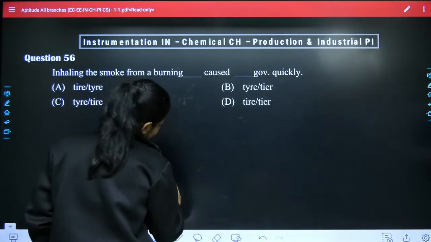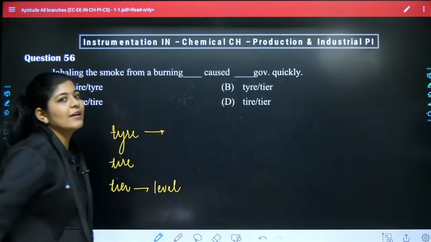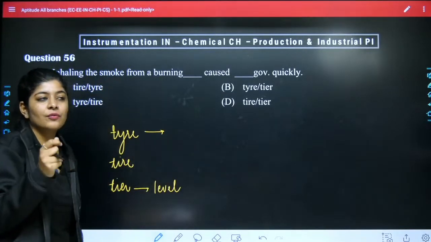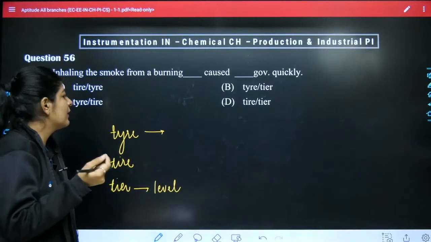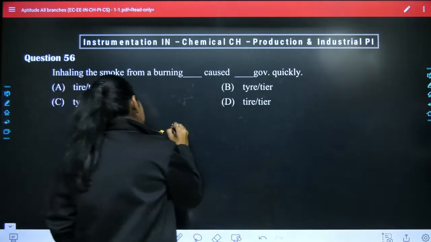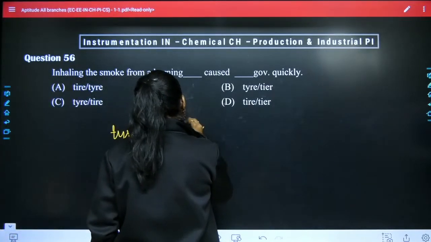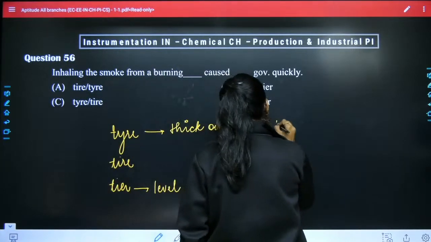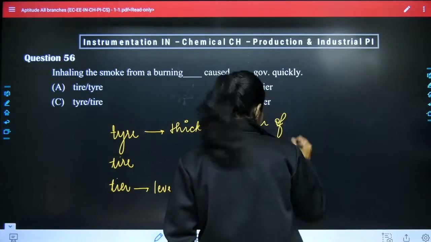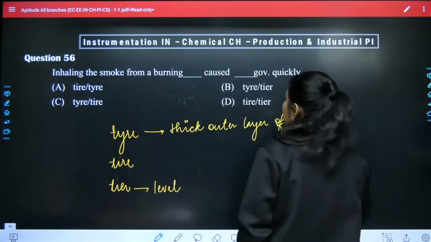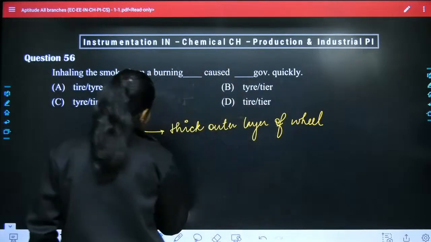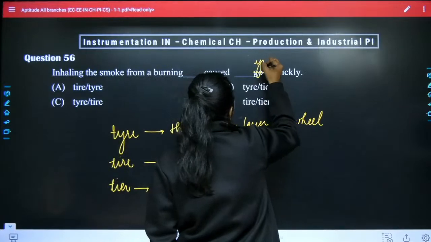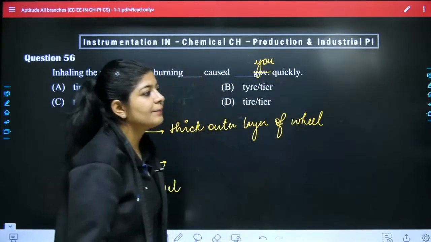This means the outer layer of your vehicle, the outer and thick layer of your wheel. And tire is something like when you are feeling something, right? And here it is U, not GOV, right?